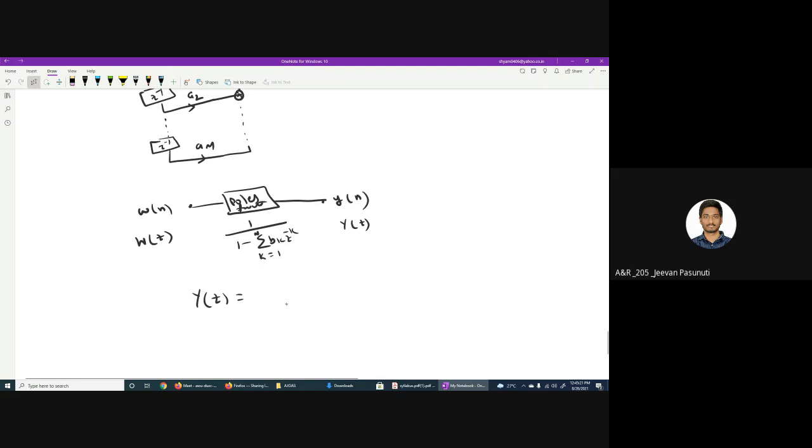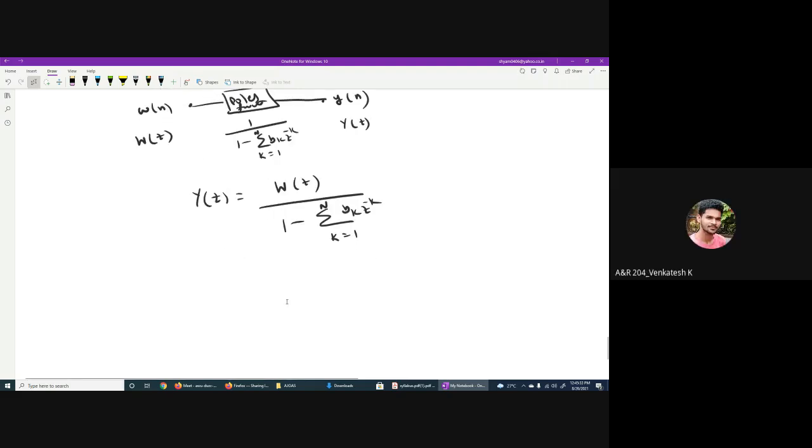Y of z is equal to W of z divided by 1 minus summation b_k z power minus k. Can I write this way? Yes, sir. Then you try to perform cross multiplication. Y of z times 1 minus, yes or no?